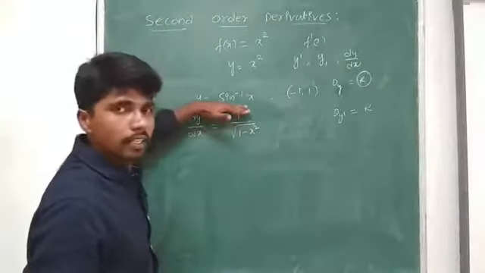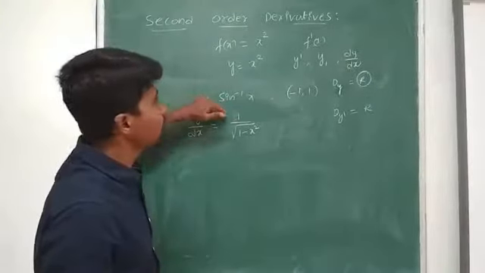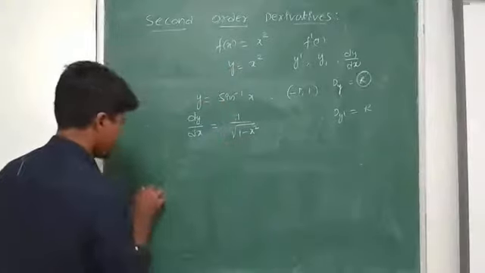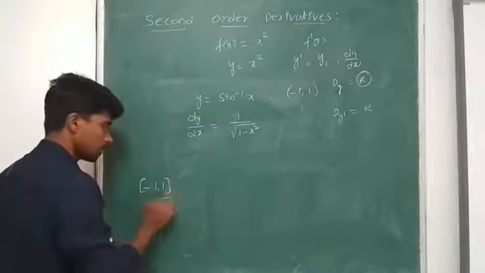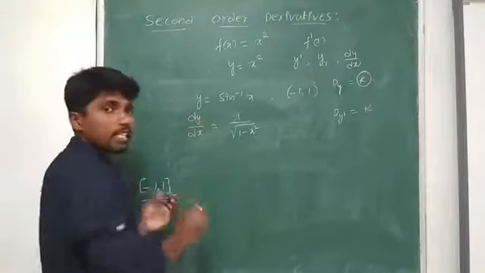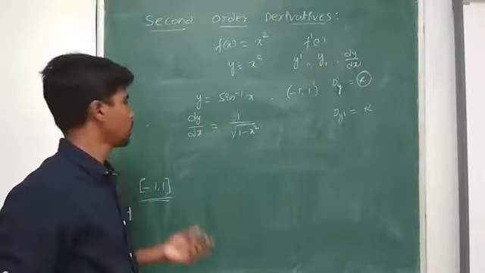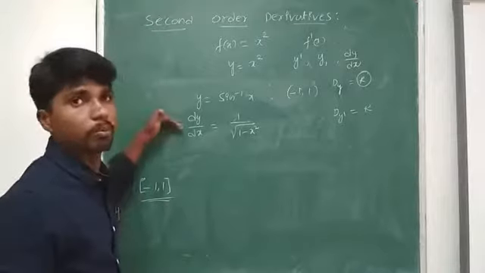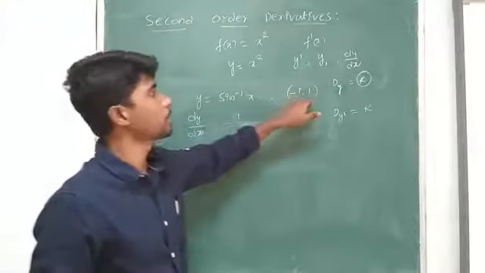Actually the domain of y is closed -1 to 1. But if I take -1 or 1, we get denominator 0, and dy by dx does not exist. That's what we got. The domain of differentiability of the function is -1 comma 1.